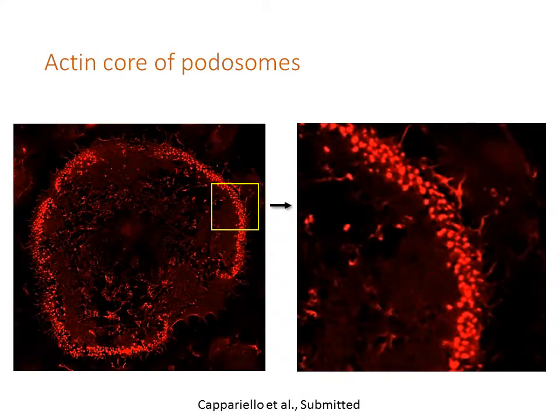These structures contain a core of microfilaments, here stained with fluorescent phalloidin. At a higher magnification, you can clearly see these dot-like structures due to the orientation of the microfilaments perpendicular to the substrate.